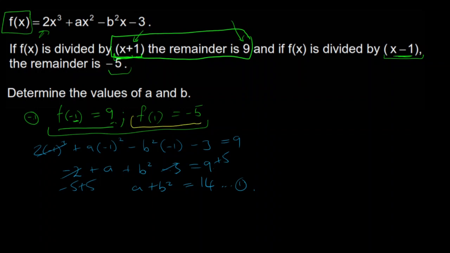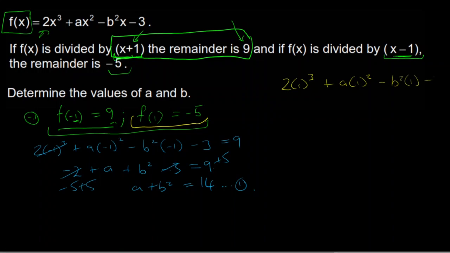Well, let's tackle this one now. So that one's hopefully even simpler. Plus a times 1 squared minus b squared times 1 minus 3. Well, that's equal to -5, over there because I was running out of space on the right hand side. So let's just sidestep that problem.